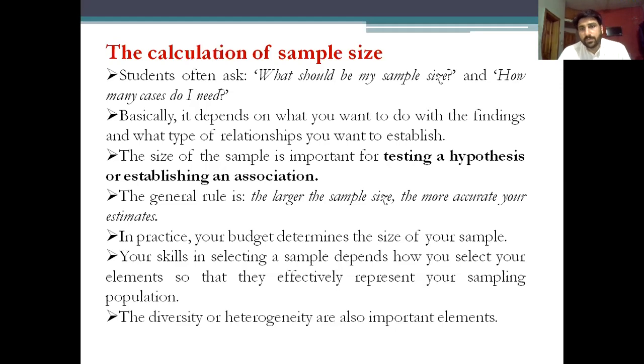It is very important for testing a hypothesis or establishing an association. However, the general rule is the larger the sample size, the more accurate your estimates will be. The problem is that in practice the sample size is predetermined by the budget and the financial resources available to you. It decides your sample size.